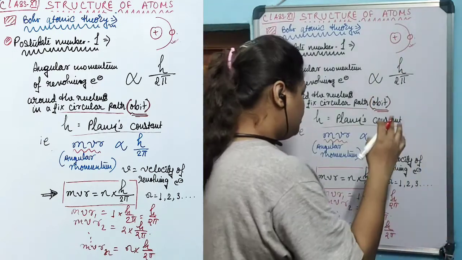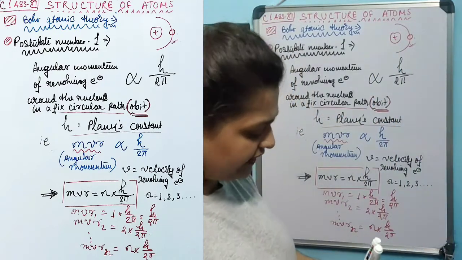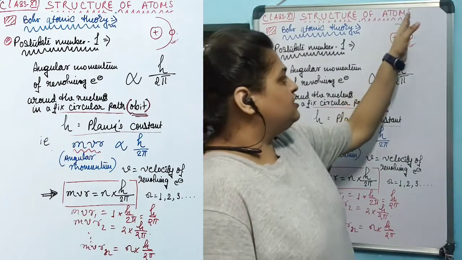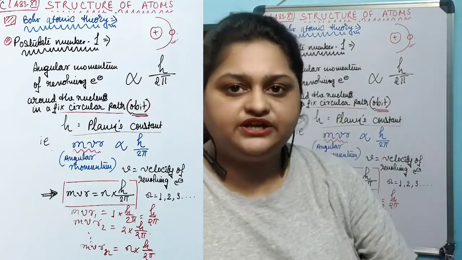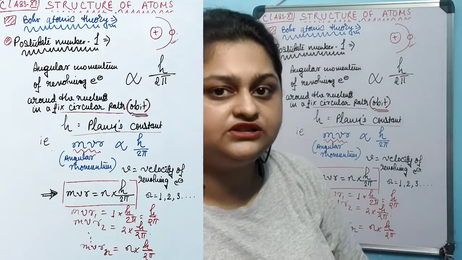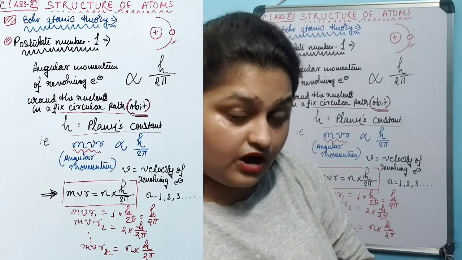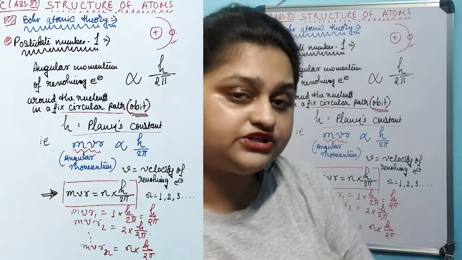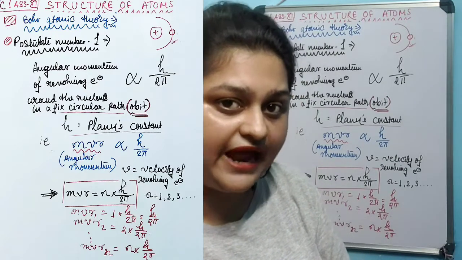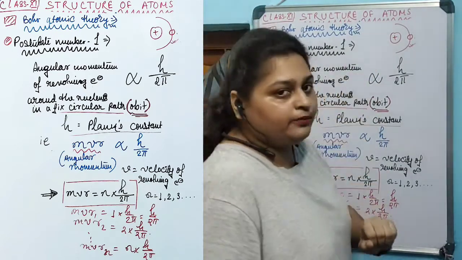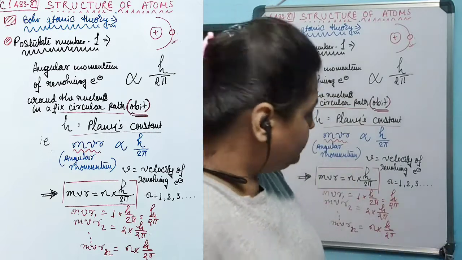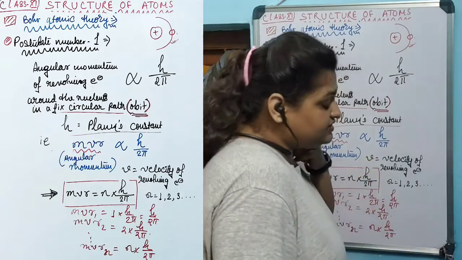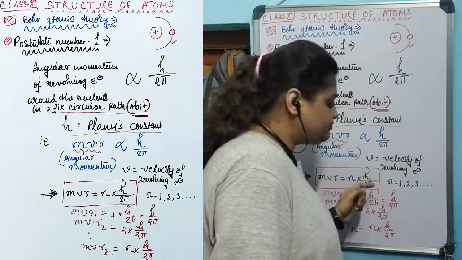So obviously the electron cannot revolve in any circular path. It has to revolve in a circular path on which the angular momentum is going to be an integer multiple of h by 2 pi.